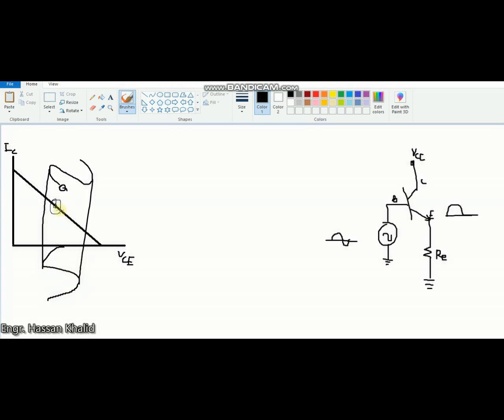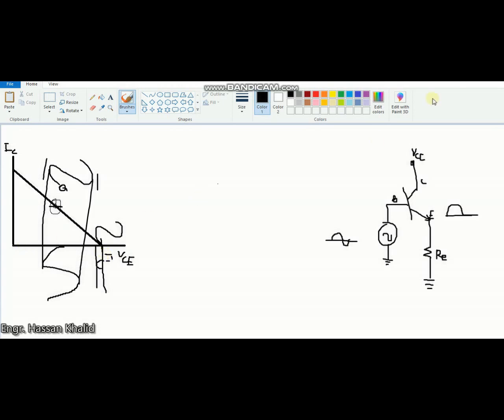Now if I move this Q point toward the extreme point of the VCE region, then only one half of the cycle is left, and the rest of the cycle will be eliminated because you have gone to the extreme limit of the cutoff point.